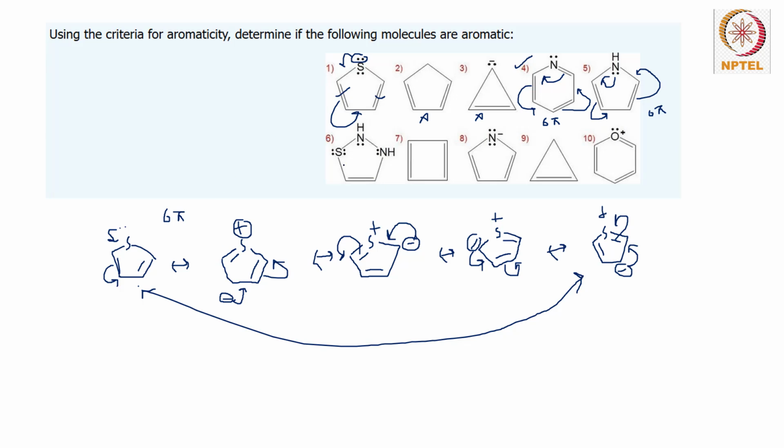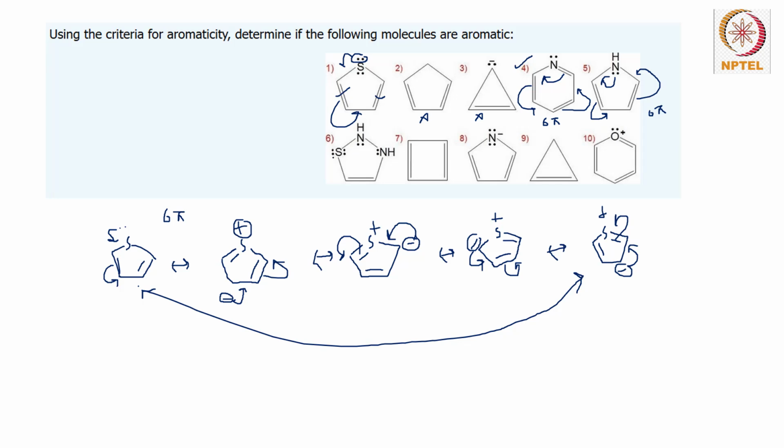Here you can see there is no pi bond. So if we consider this compound, it is not conjugated because there is no pi bond.